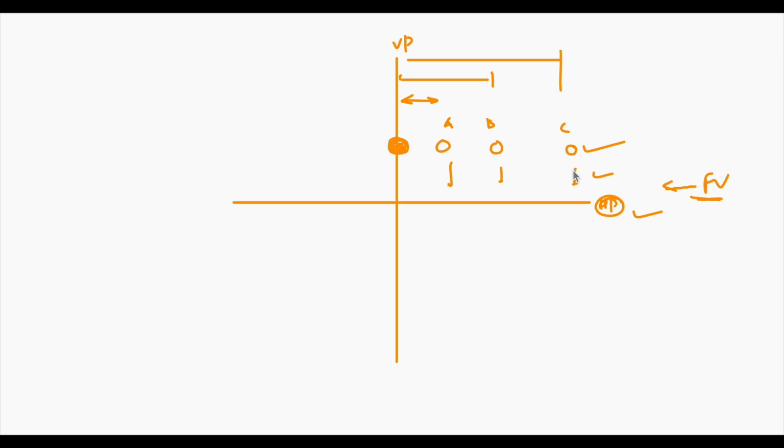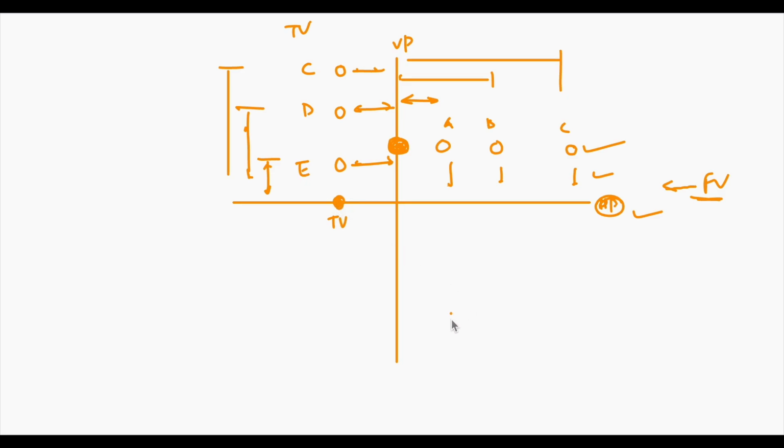Okay, similarly, if you consider a top view, let's say this is point C, this is D, this is E, the top view of all the points is going to appear over here. If you look at the distance of all the points with respect to HP, it is different, but as long as the relation of all those points with respect to vertical plane remains unaltered, the top view is going to remain unchanged.